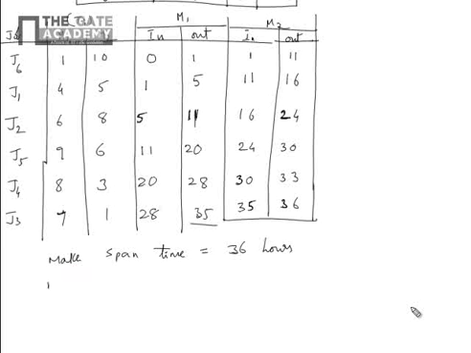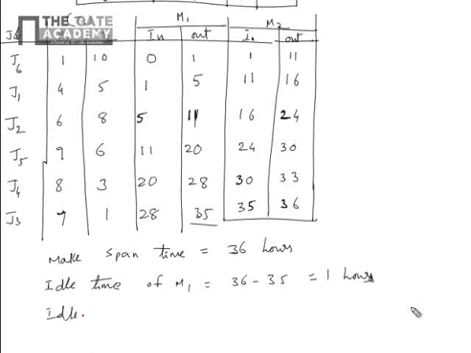So idle time of machine 1 by the end of 36 hours equals 36 minus 35, equal to 1 hour.